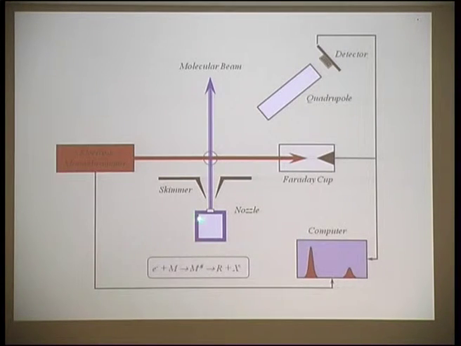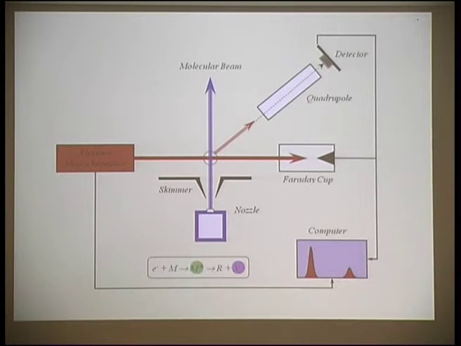And then you have a molecular beam. This can be single molecules or clusters. In the case of biomolecules, you usually need an oven in order to evaporate these molecules and get them in the gas phase. And then you have a collision between the beam of electrons and the molecular beam.